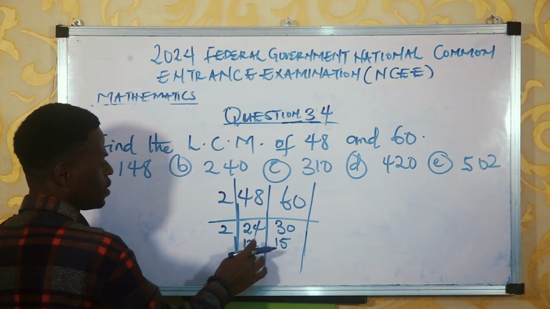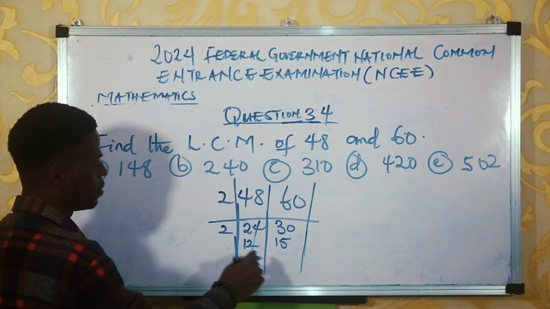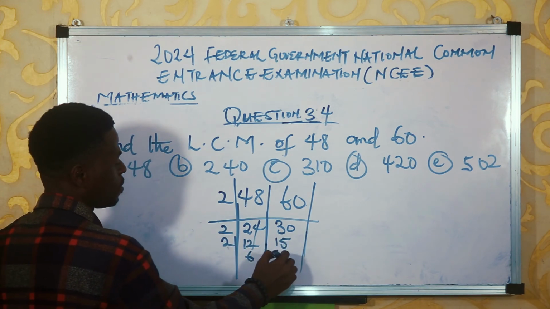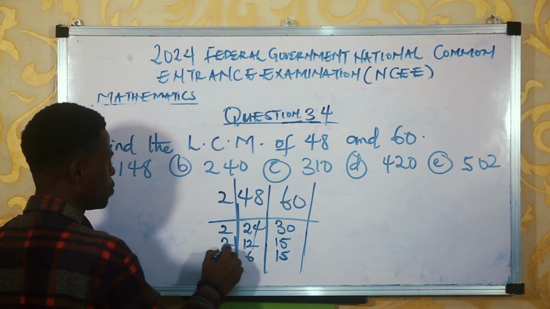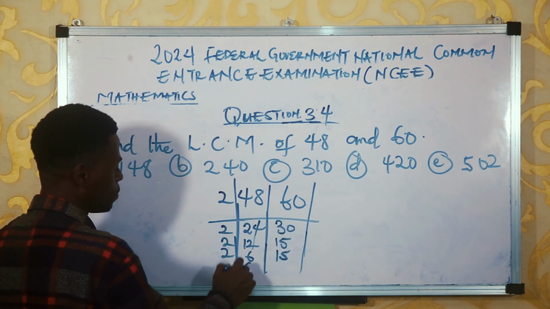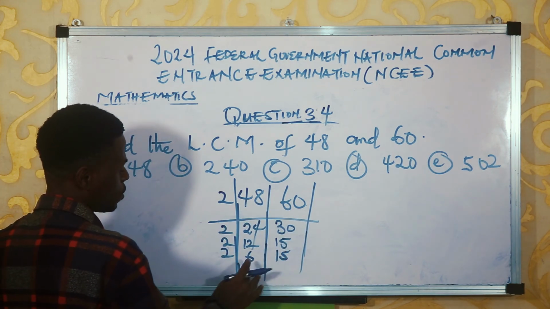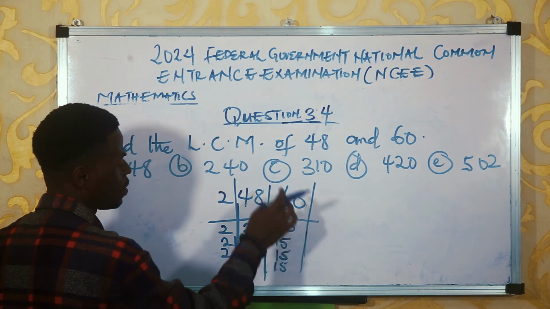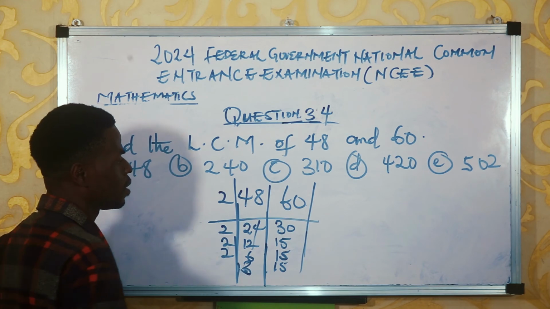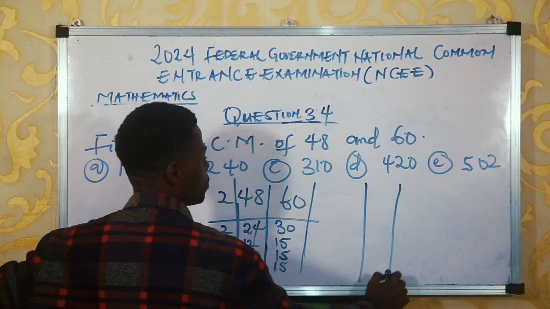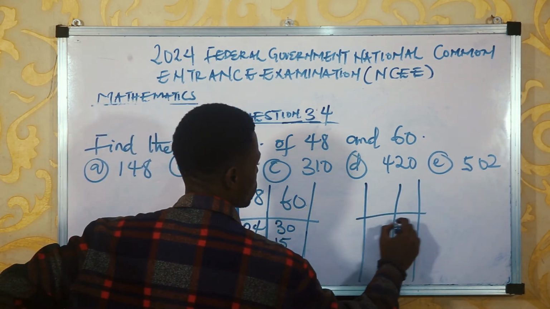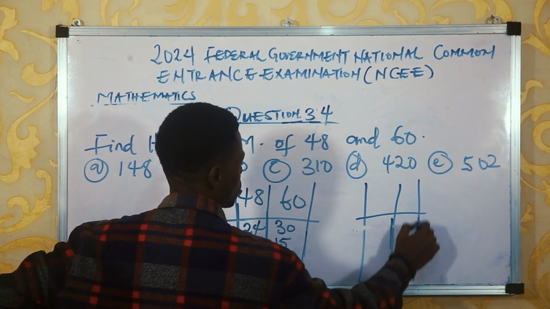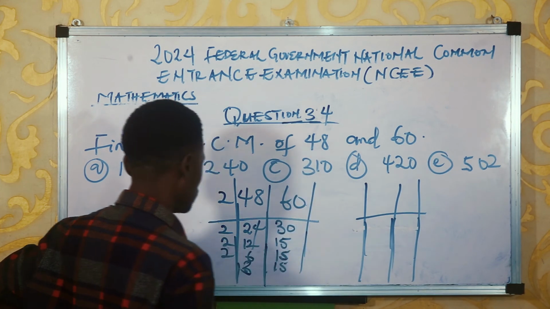2 can as well divide 12 perfectly without remainder. So 2 in 12 is 6, and 15 we leave as it is. 2 can still divide 6, so 2 in 6 is 3, and we have 15, because 2 cannot divide 15, as it will still give us a remainder.